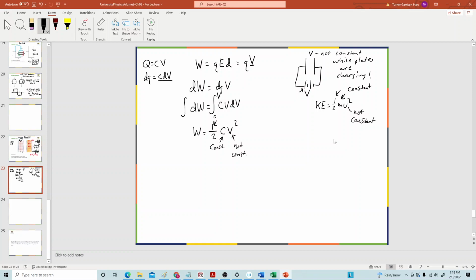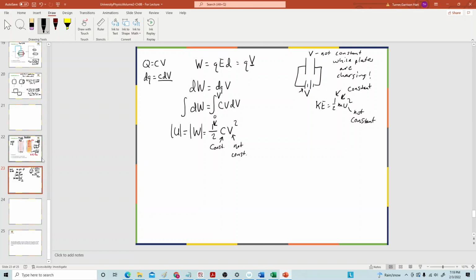Okay, so if we look at a capacitor, and by the way, when you talk about work, the magnitude of work is also the magnitude of the potential energy.